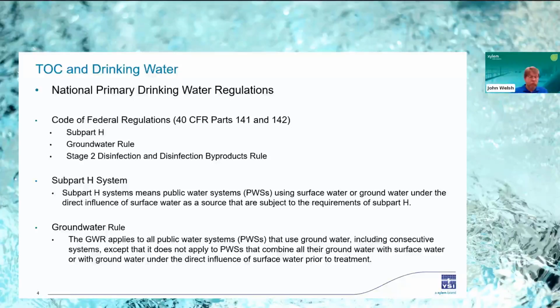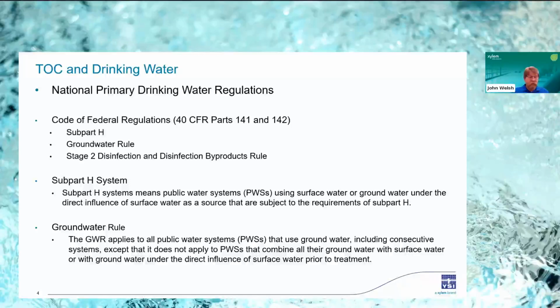Also under the Safe Drinking Water Act, the National Primary Drinking Water Regulations were established. Title 40, Parts 141 and 142 are the most relevant sections for our discussion today. Part 141 establishes the regulations. Part 142 covers the implementation of those regulations.